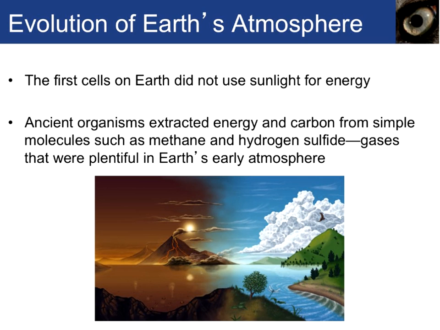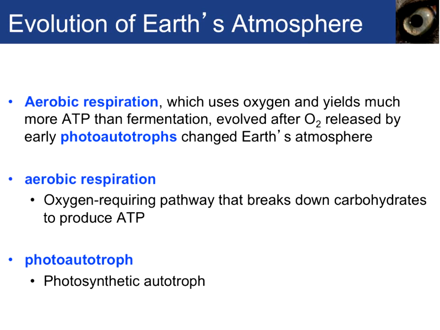So the first cells on Earth did not use sunlight for energy. So ancient organisms extracted energy and carbon from simple molecules such as methane and hydrogen sulfide. So these are gases that were plentiful in the Earth's early atmosphere. So aerobic respiration uses oxygen, and this yields much more ATP than fermentation.